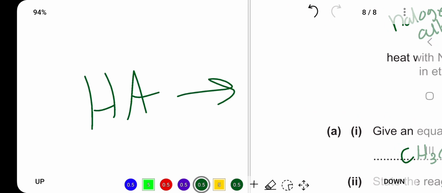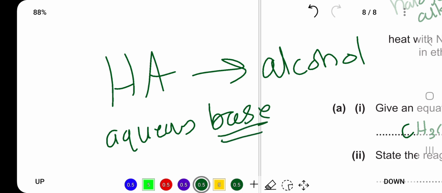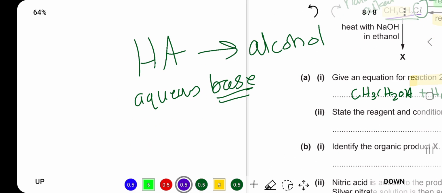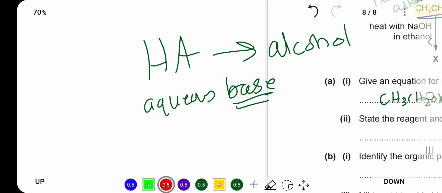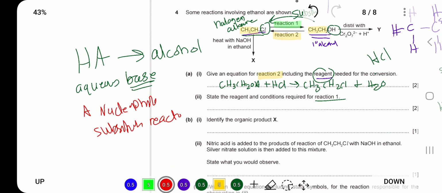Halogenoalkane to alcohol must use an aqueous base, and this is a nucleophilic substitution reaction.